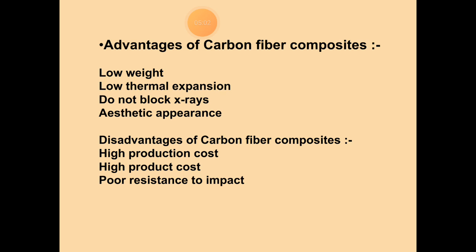And the disadvantages of these materials: high production cost, poor or moderate resistance to impact, conductive but less than steel or aluminum, and difficult to rectify problems. Example: a broken bicycle frame.